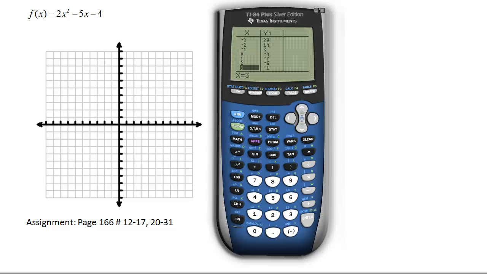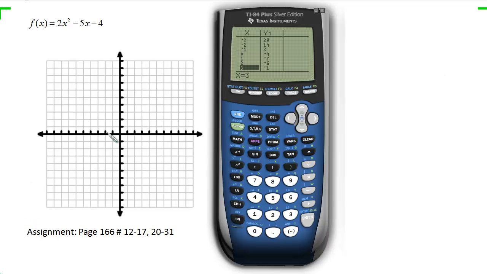I have negative 1, 3. I have 0, negative 4. And I have 1, negative 7. I have 3, negative 1.